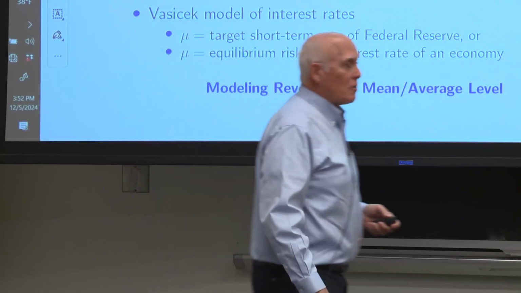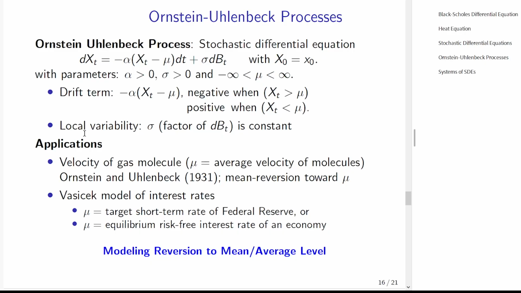Well, in the remaining time, there's an introduction here to the Ornstein-Uhlenbeck process, which basically is a stochastic differential equation where instead of a constant drift term, we have a drift rate that depends on how far away the process is from the mean level.